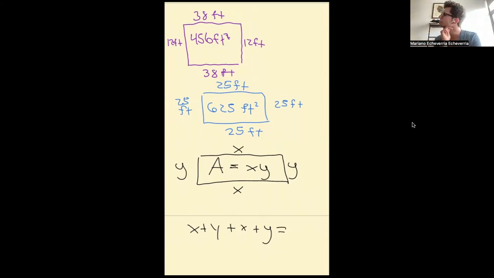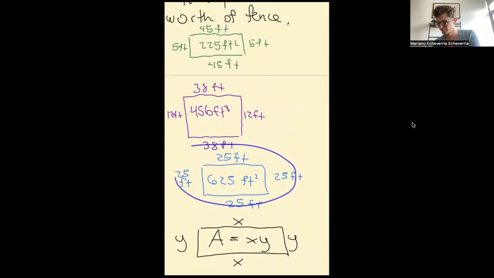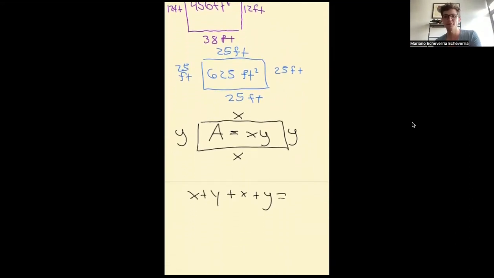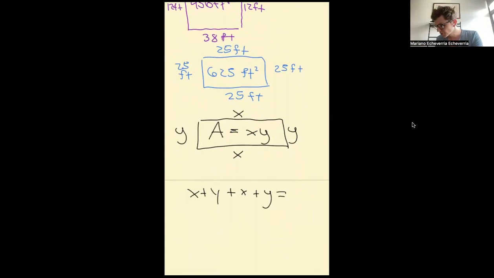Yes, but that should be equal to a single number. In each of these examples, what was the sum of the sides equal to? It should be equal to 100, because we're trying to build the fence. This is the total fence, so they should add up to 100, because the conditions of the problem are that you want to make a fence worth 100 feet long. Is that making sense?